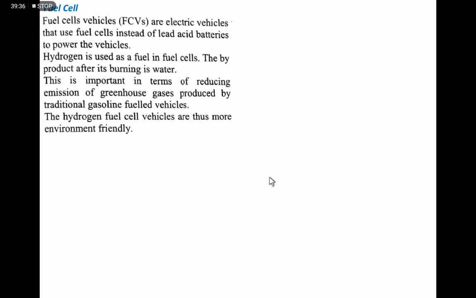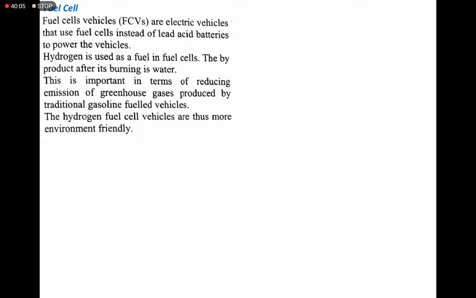Fuel cells are used in the new versions of electric vehicles that are now in progress. These are electric vehicles that use fuel cells instead of lead acid batteries to power the vehicles.